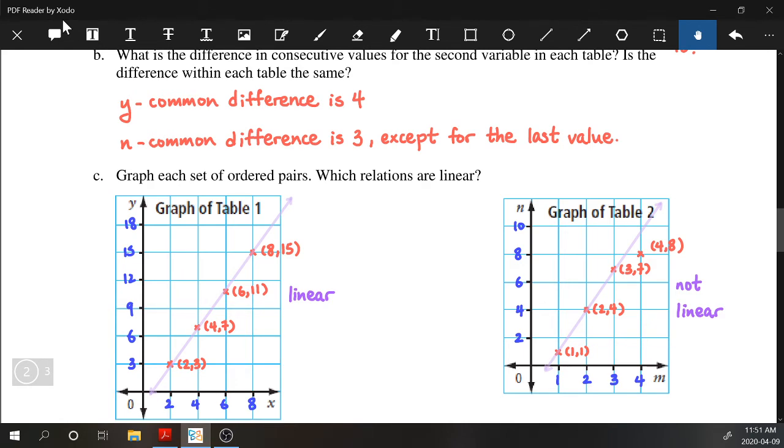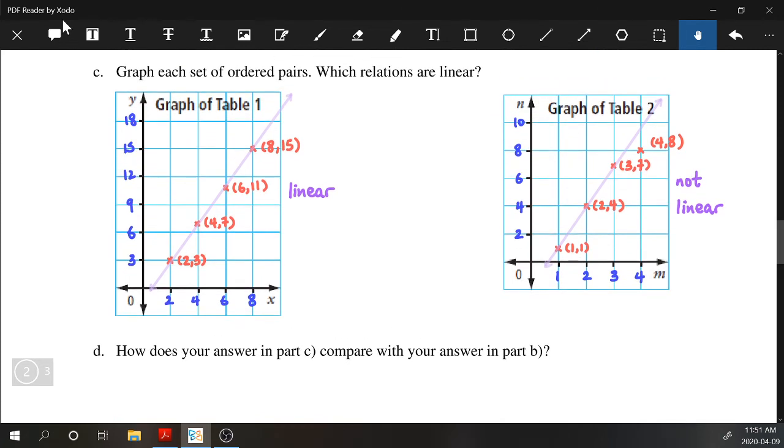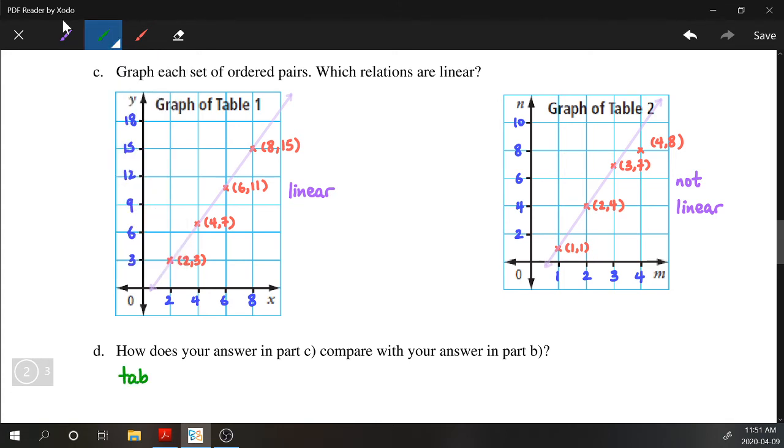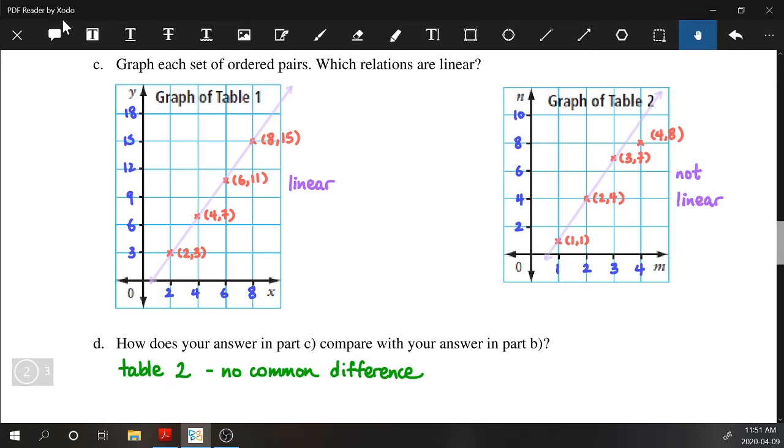Okay. So from there, it says how do you compare these two? Again, table 2 is a key here. It has no common difference, and so therefore is not linear.